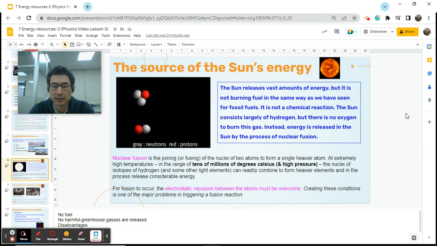The sun consists largely of hydrogen, but there is no oxygen to burn this gas. Instead, energy is released in the sun by the process of nuclear fusion. Okay, what's nuclear fusion then?